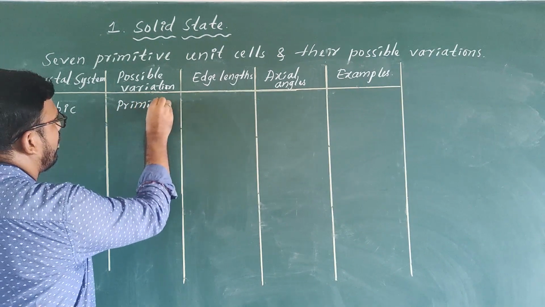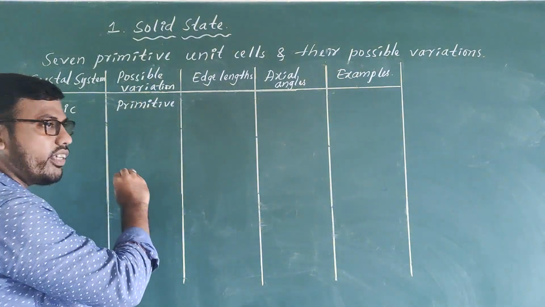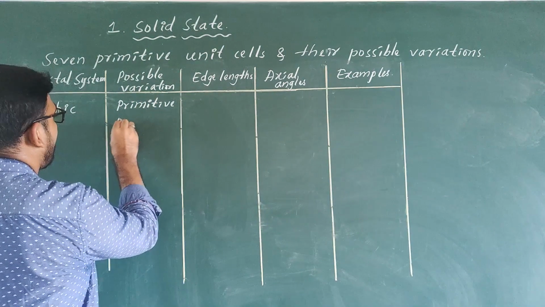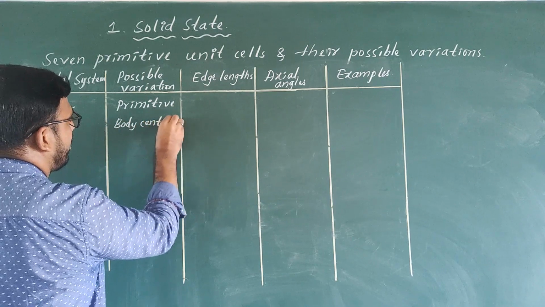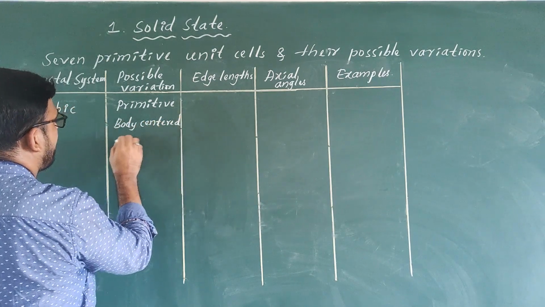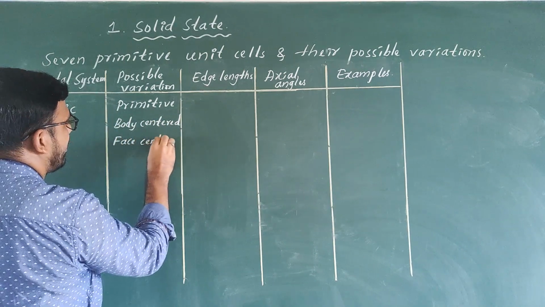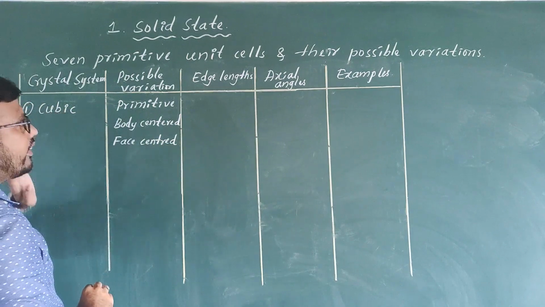We know what is primitive, means a unit cell in which particles are present only at the corners. Another one is body centered, also we know, and next one is face centered. So these are the three possible variations of our cubic system.